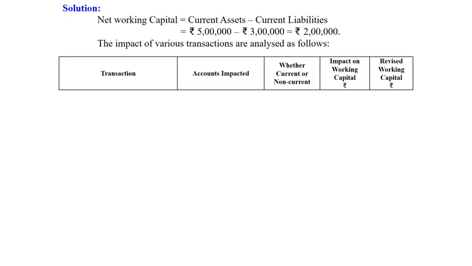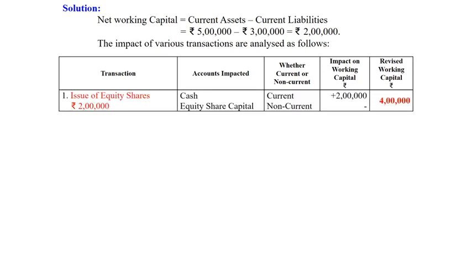Okay. Let us take the first one, issue of equity shares rupees 2 lakhs. The two accounts involved here are cash and equity share capital. Equity shares are increasing, so equity share capital is increasing, and cash is also increasing. Cash is part of current assets, equity share capital is part of non-current liabilities.